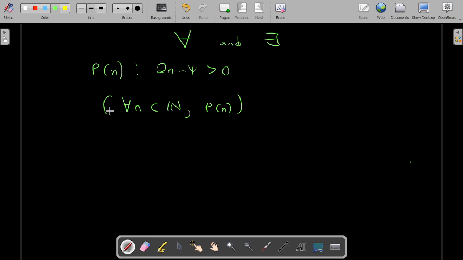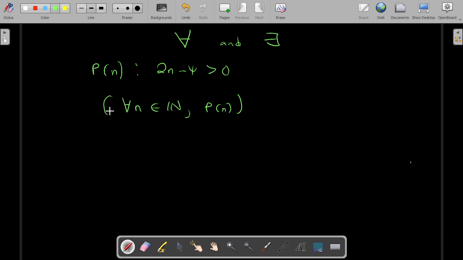Whenever we use this for all operator, for this to be true, all the natural numbers that we consider have to satisfy the proposition P. If there is at least one value of n that is not going to satisfy this P of n, then the entire proposition for every n in N, P of n is going to be false.